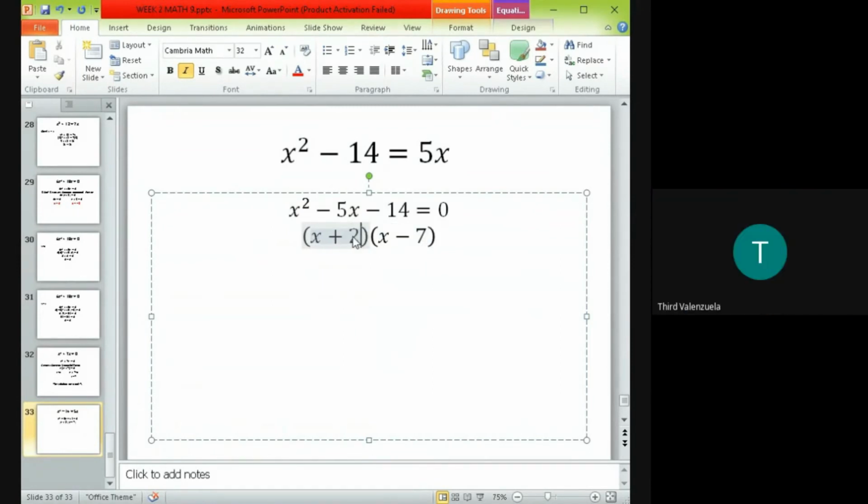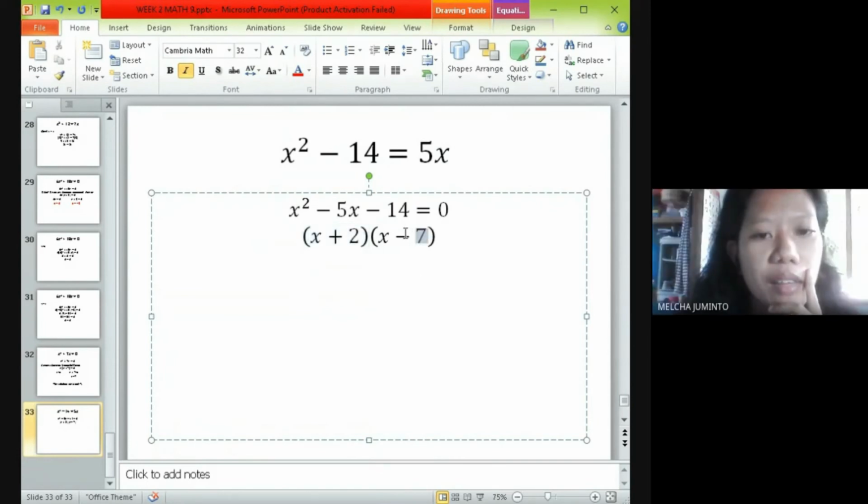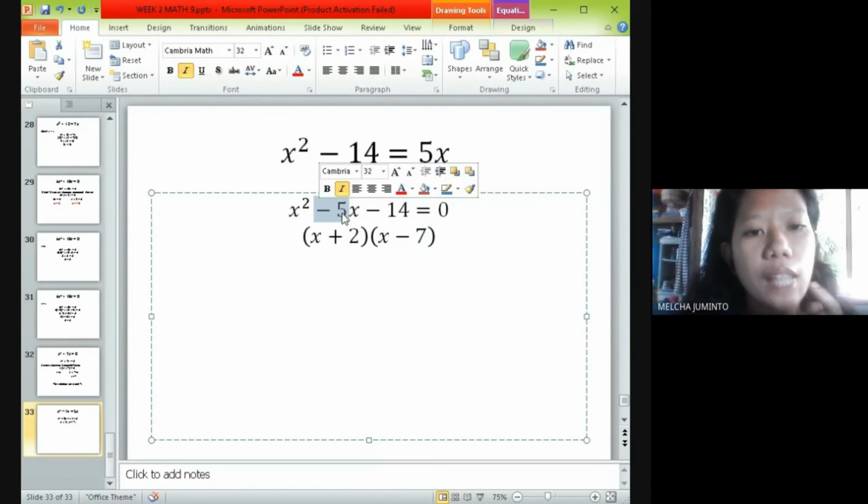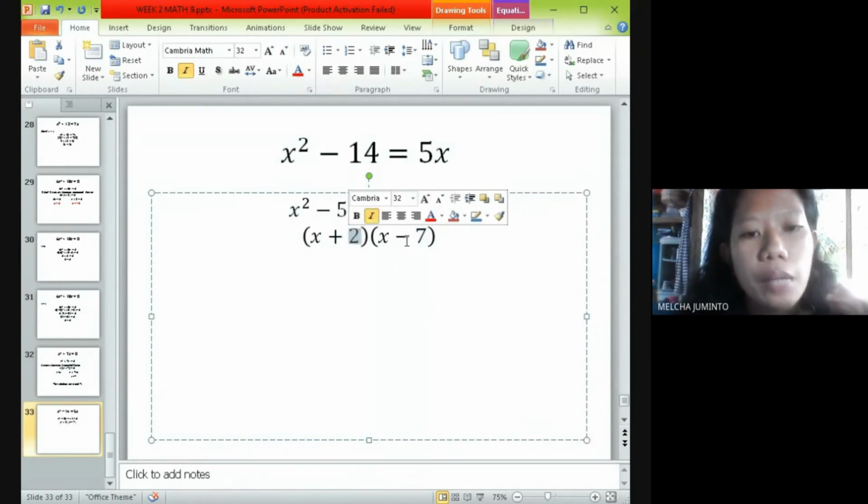Why? Bakit doon ko nilagay yung 7 sa negative, yung 2 sa positive? Because yung nasa middle term na negative 5x, negative yung 5. Para kapag nag-subtract ka, 7 minus 2 equals 5. Ang ikakopy niyang sign, yung sign ng 7 na negative.